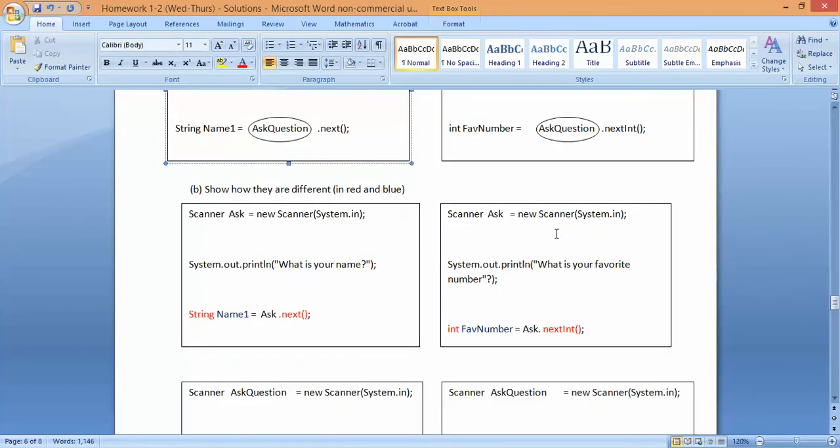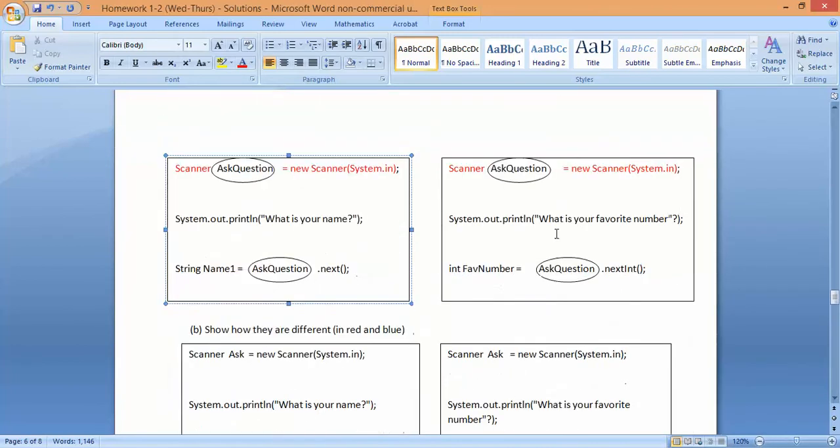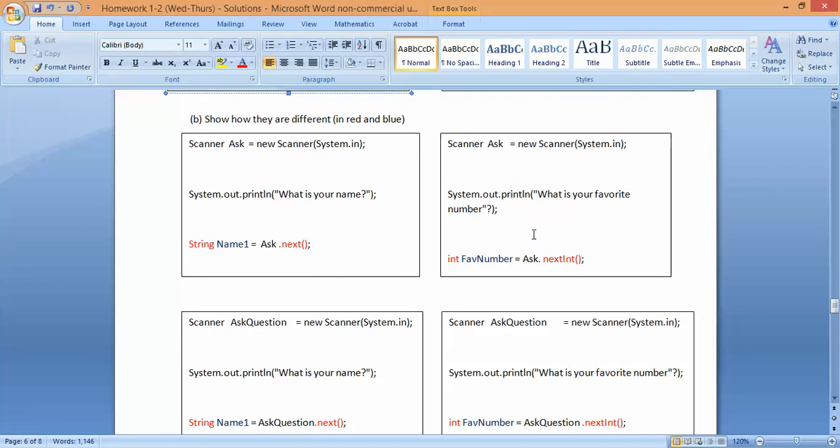Now, show how they are different. So here you have a string. On the left side you have the string declaration. On the right side you have the int declaration. Where they're different is string, int. It's the first thing that's different. Second thing that's different is your variable name.